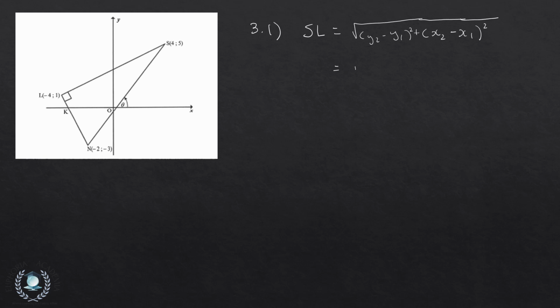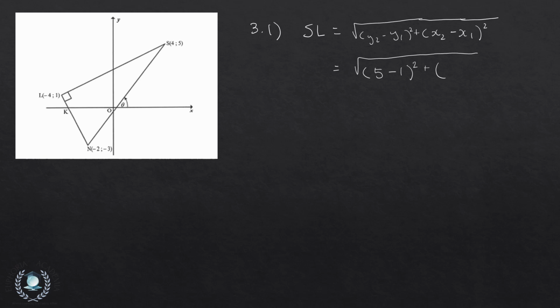So we're going to just substitute. It doesn't really matter which is y2 as long as when you substitute, it's in the right order. For me, I chose the second y coordinate as S. So I'm just going to say 5 minus 1, and I'm going to square that.